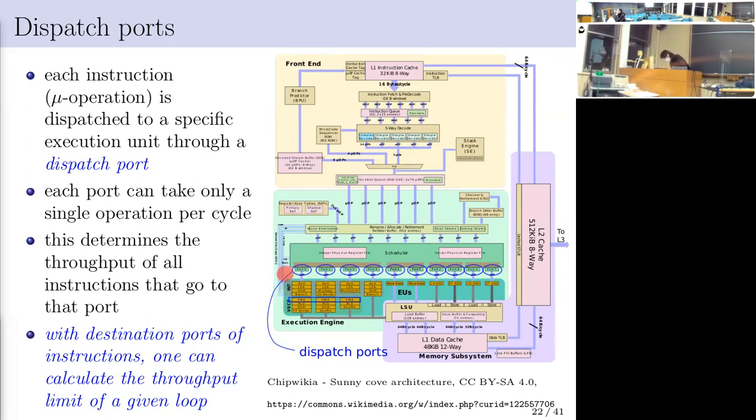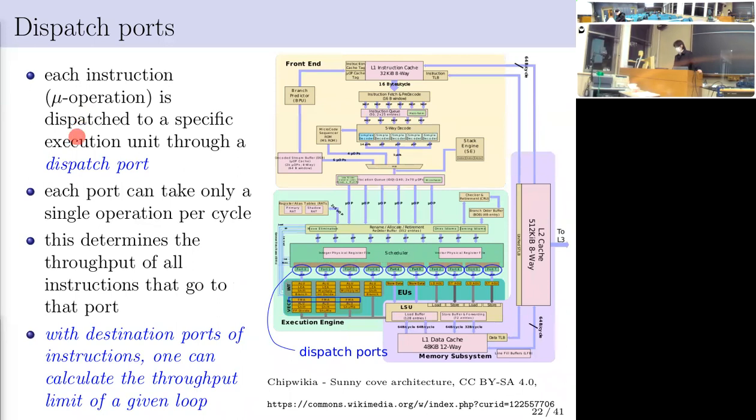For example, it says ALU, which is basically an arithmetic unit, doing integer arithmetic. You also have here FMAs, which are floating point multiply and add instructions. And there are only so many execution units, and each execution unit takes the operands to work on through something called dispatch ports.